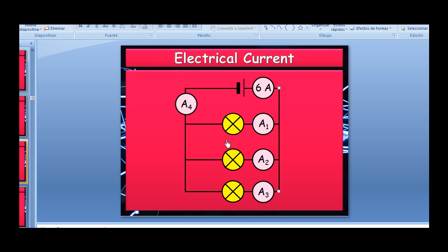So this is 6 amps and these 3 are equal bulbs. This one goes with 2, this one goes with 2 amps, and this one goes with 2, all adding up to 6, and by the time they get back here again, they've all recombined and you have 6 amps here also. That's because all of these have the same resistance. If they didn't, then the split wouldn't be so easy. There are ways of calculating that though. We've talked about a couple, and we might have time to go into details of that in a later video.